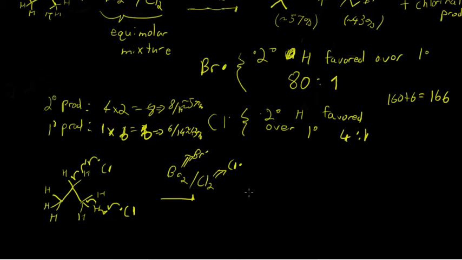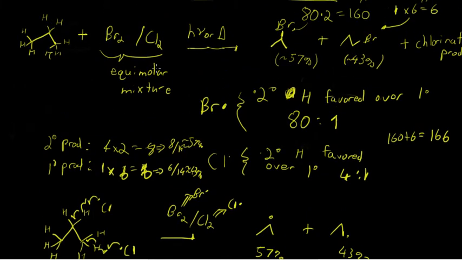So you'll get a mixture of secondary radical and primary radical here. And this distribution will be 57 to 43. And that just falls out of this calculation here, because there are 2 secondary hydrogens that could be abstracted to give you the secondary radical. There are 6 equivalent primary hydrogens that could be abstracted to give you the primary radical.